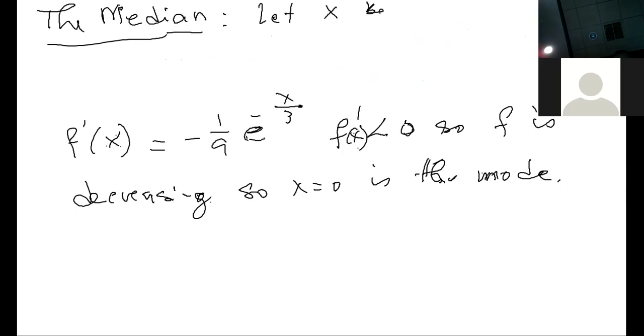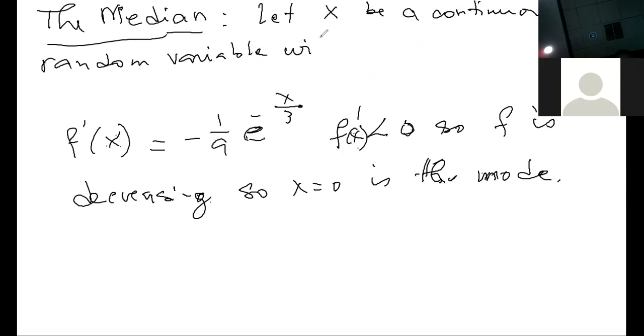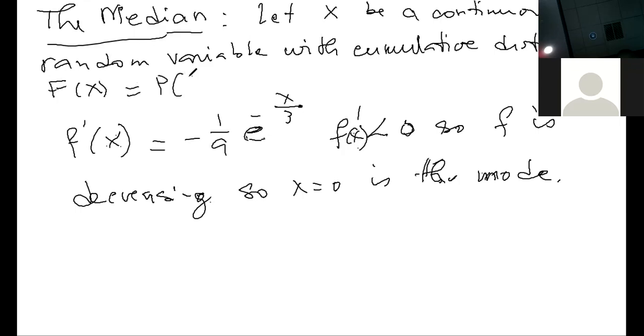Let x be a continuous random variable with cumulative distribution F of x, the probability that X is less than or equal to x.